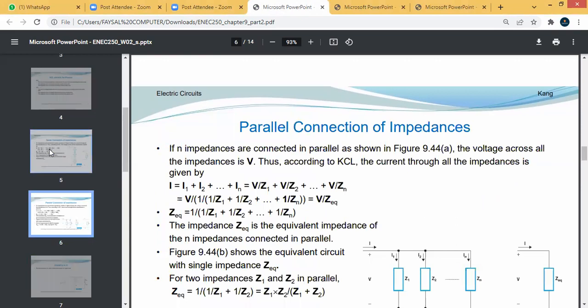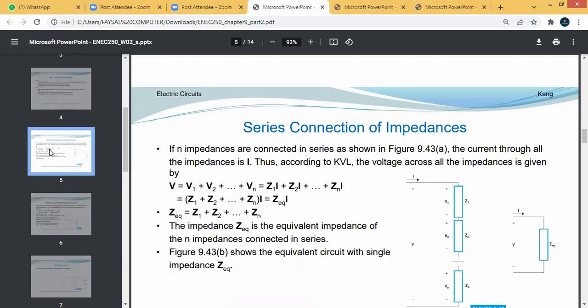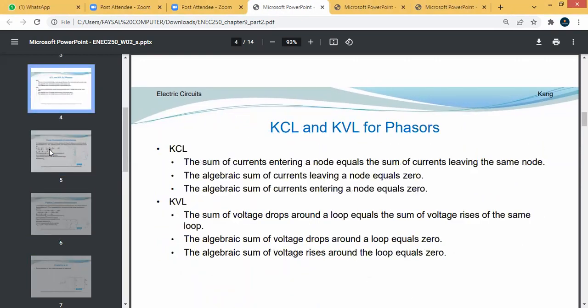This part of the chapter is basically about series circuits and KCL and KVL. KCL, just for summarizing: the sum of currents entering the node equals the sum of currents leaving the node. The algebraic sum of currents leaving the node equals 0, and the algebraic sum of currents entering a node equals 0.